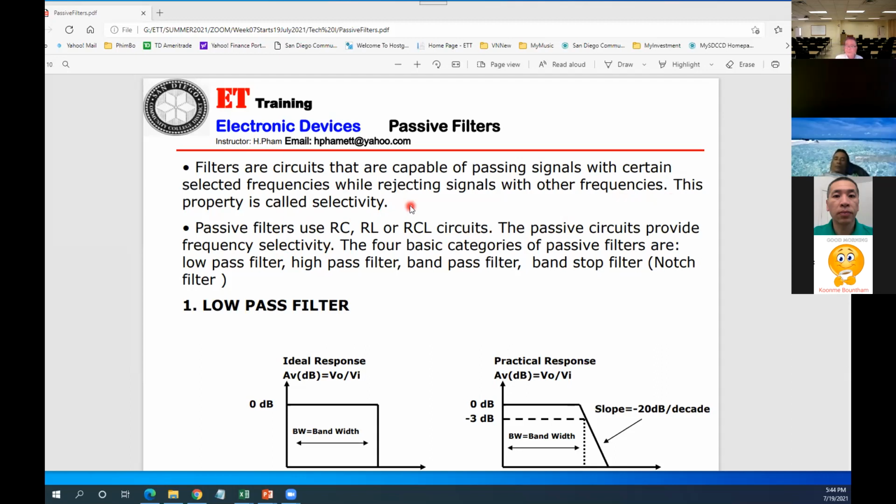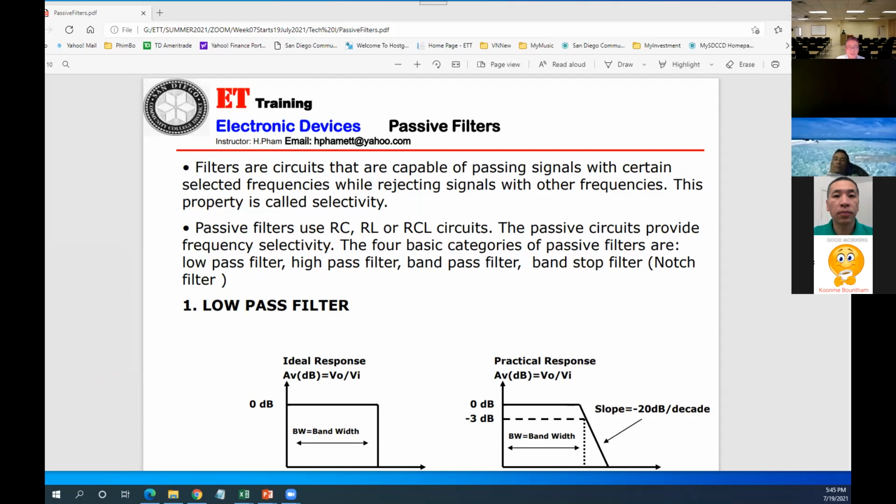For example, your cell phone, you need the filter. So your TV, they get the filter. The thing is, you understand on the TV, the signal coming in, it's the same wire.